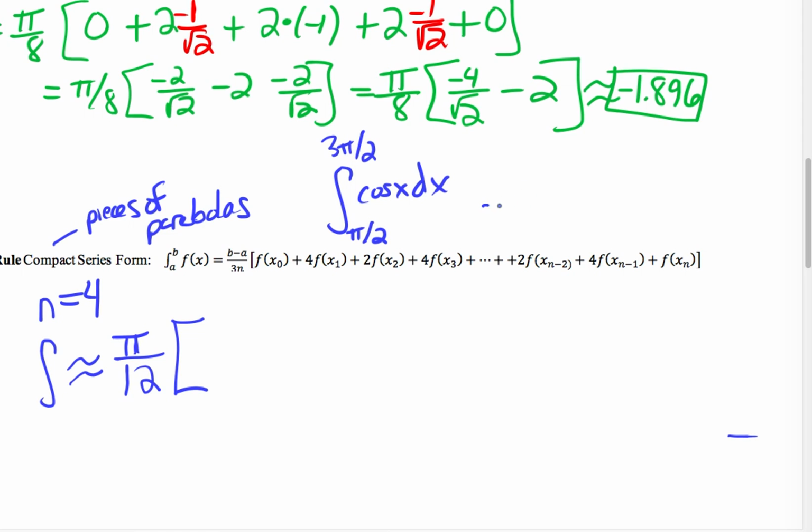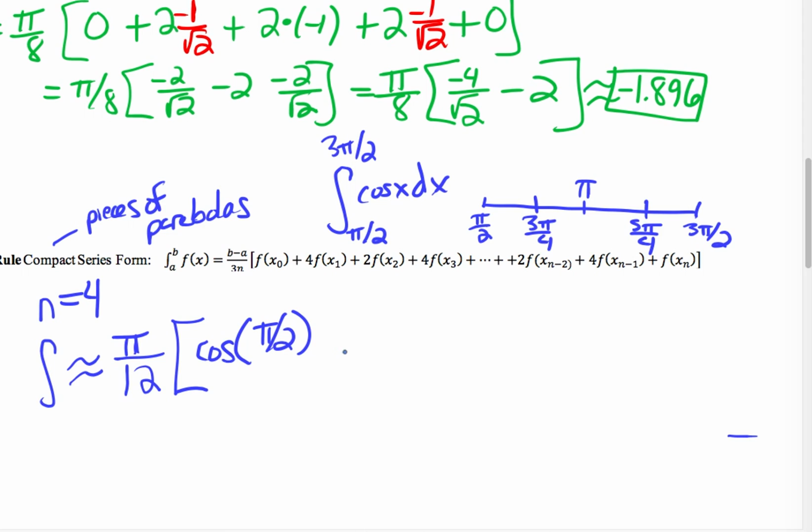We should get our nodes down one more time, right? So we had half pi was the beginning, then 3 halves. The middle cuts it into 2 pieces, but I wanted 4 pieces, so I'm going to cut it one more time, at 3/4 and 5/4. Okay, so 1 times the first node. That means cosine evaluated at that first edge. Then I'm going to go plus 4 times cosine evaluated at the next node.